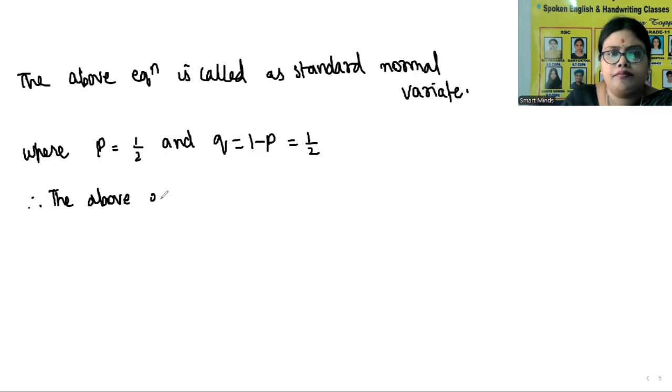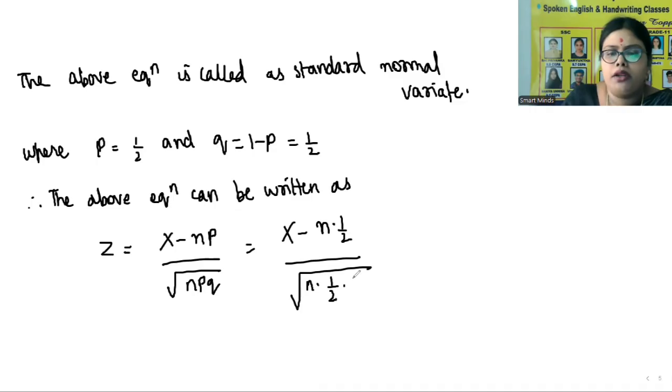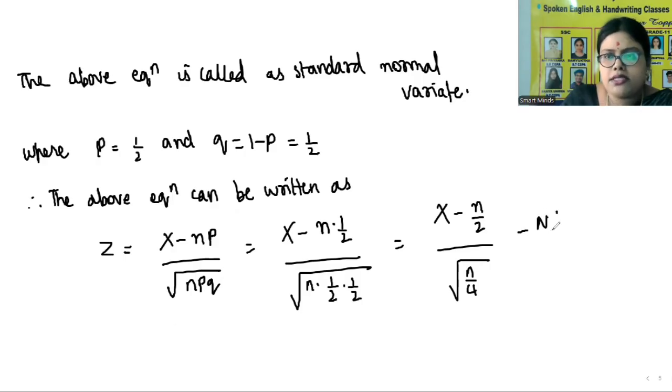Therefore, the above equation can be written as Z is equal to (X minus NP) by root NPQ, which is equal to (X minus N into 1 by 2) by root of N into 1 by 2 into 1 by 2, that is (X minus N by 2) by square root of N by 4, which follows N(0, 1).